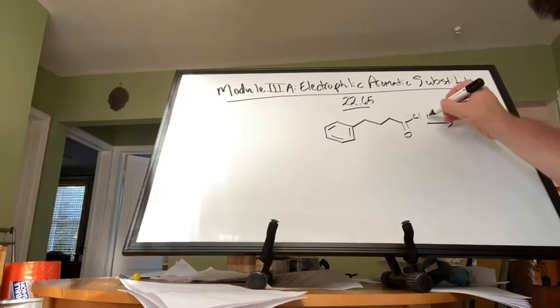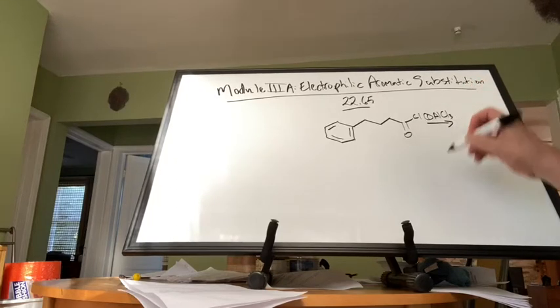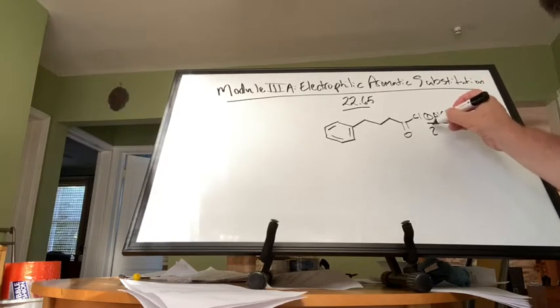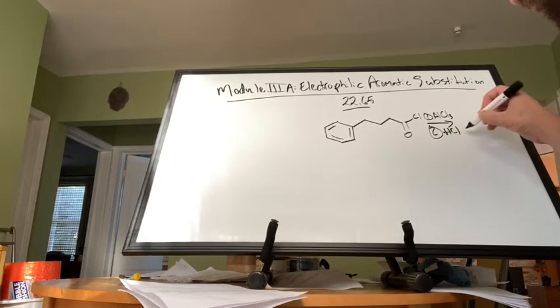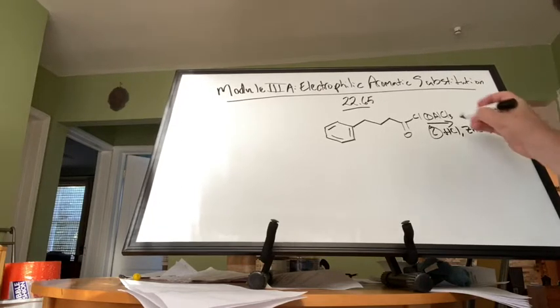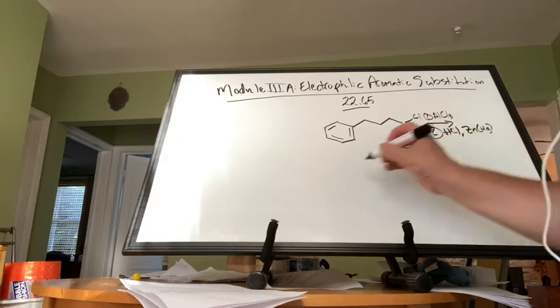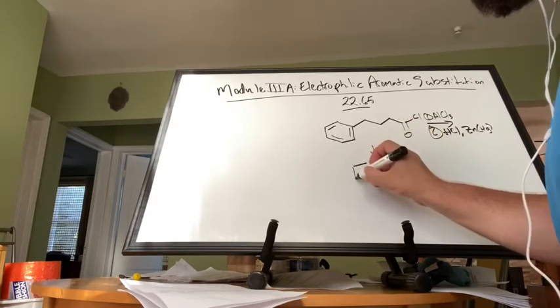With the use of aluminum trichloride, and then for the second step, using HCl in the presence of zinc mercury amalgam, you're going to get, for the first step, cyclization.